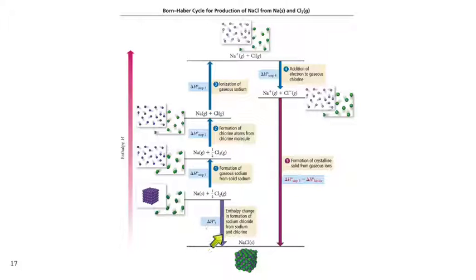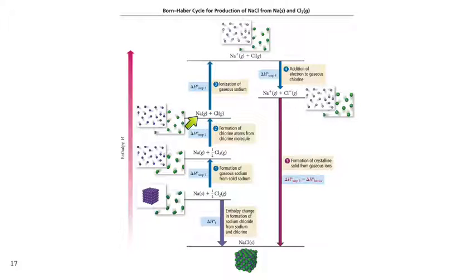Delta H is negative for this reaction. We can look at what the lattice energy is by looking at what else is going on. We'll take sodium solid and make it into a gas. Well, you have to put in energy for that. Then we take half of a chlorine molecule and make it into a chlorine atom. That's also an endothermic process. You have to put energy in.